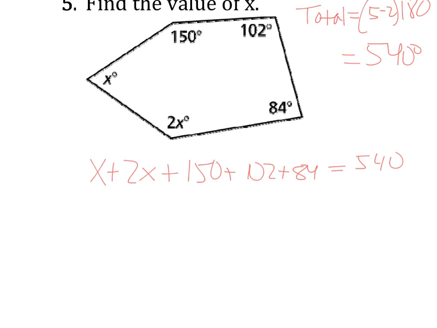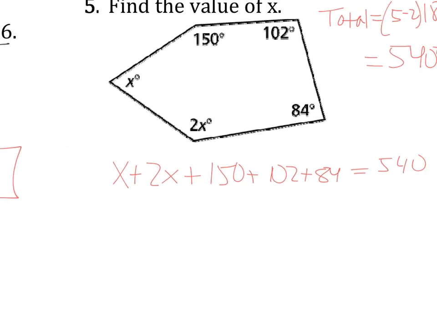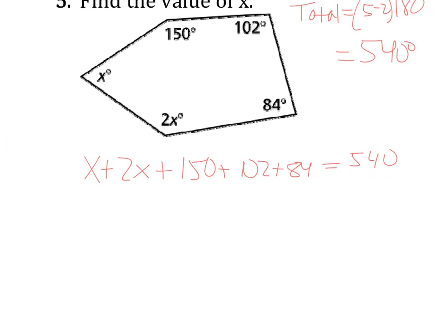Let's combine like terms. These guys right here are going to add to, we got 252 and 225 and 80, it's 336. So 3x equals, nope, sorry. 3x plus 336 equals 540.